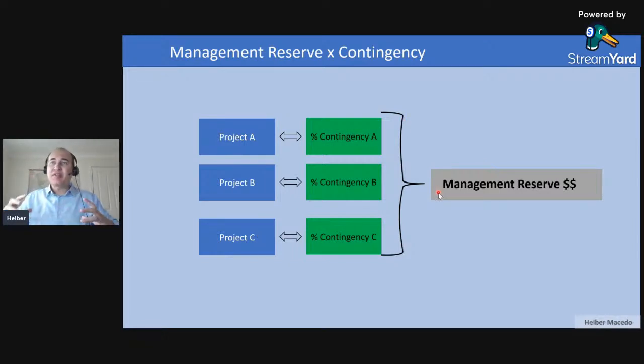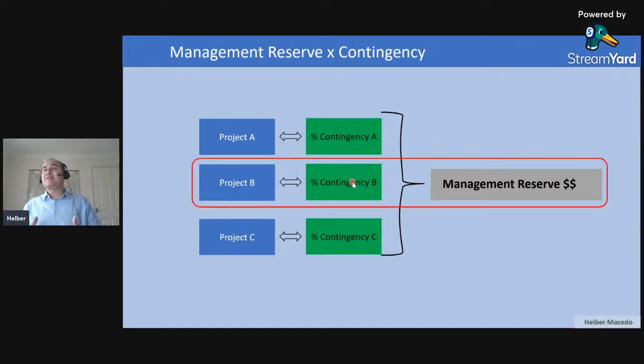So the business creates a pocket for management reserve. And then we move to the execution phase. We have project A, project B, project C, but then project B, for many reasons, raises its hand and says, look, guys, I don't have enough money. I have had a lot of things happen. The contingency is not able to cover everything. I need more money.